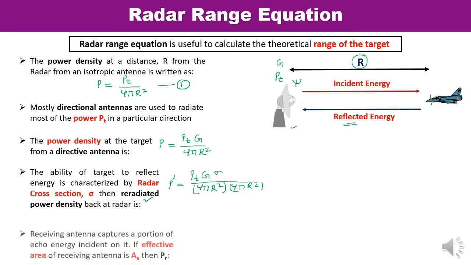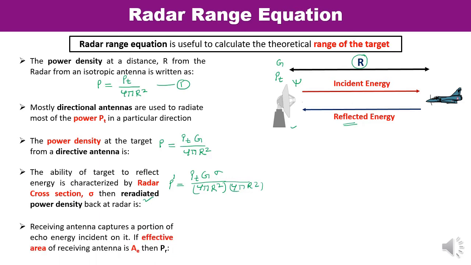And the receiving antenna captures a portion of the echo energy which is incident on it. So if we say the receiving antenna effective area is AE, now we can write down the received power. Now what will be the received power? PR will be P dash into AE.